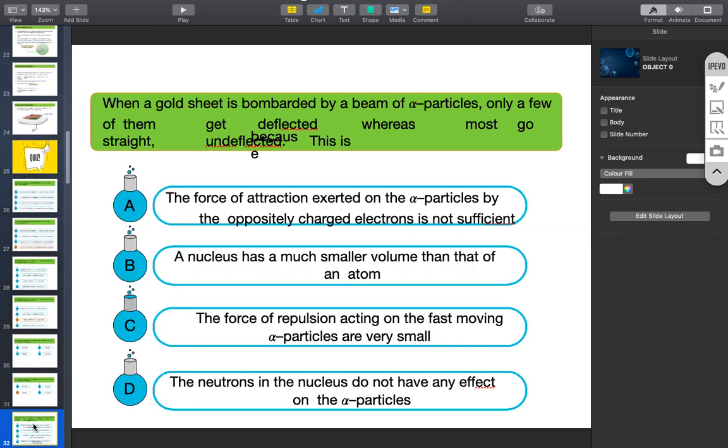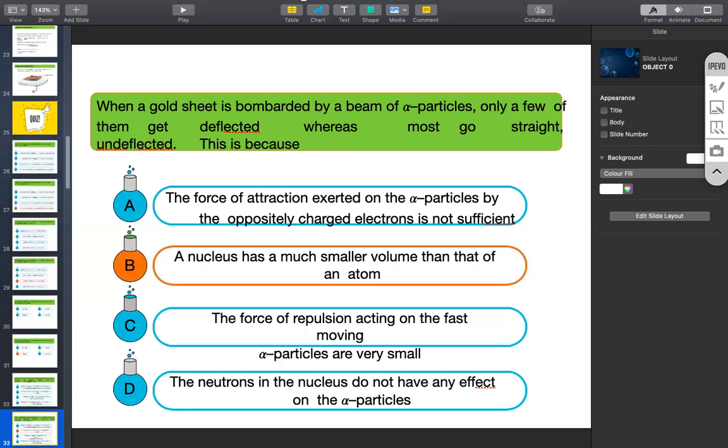Next question. Okay, most of you have given answer B, and B is the correct answer. I am moving to the next question.